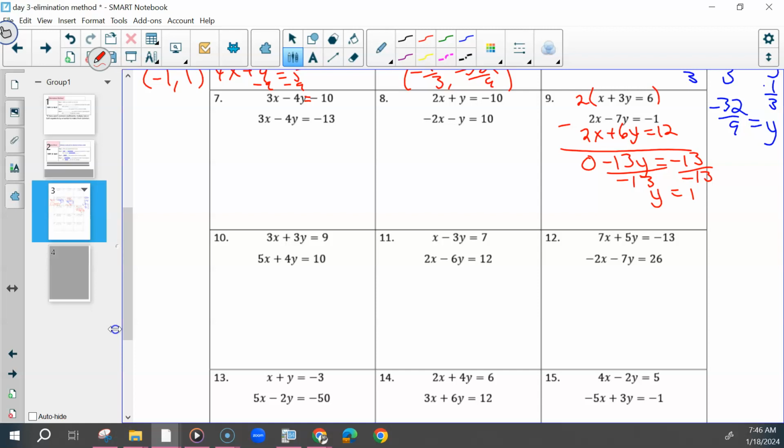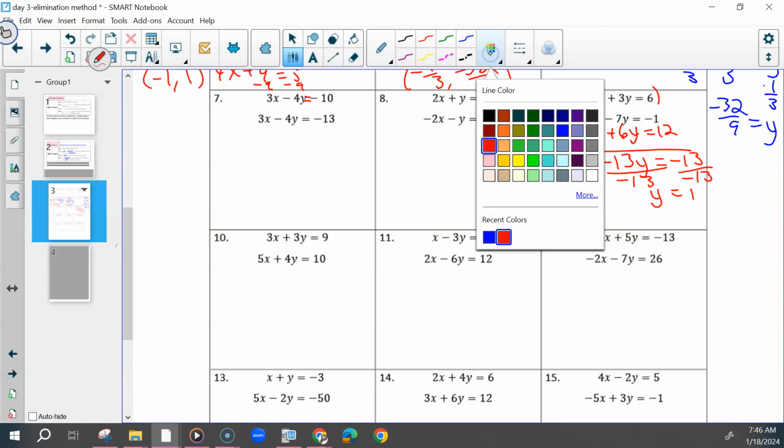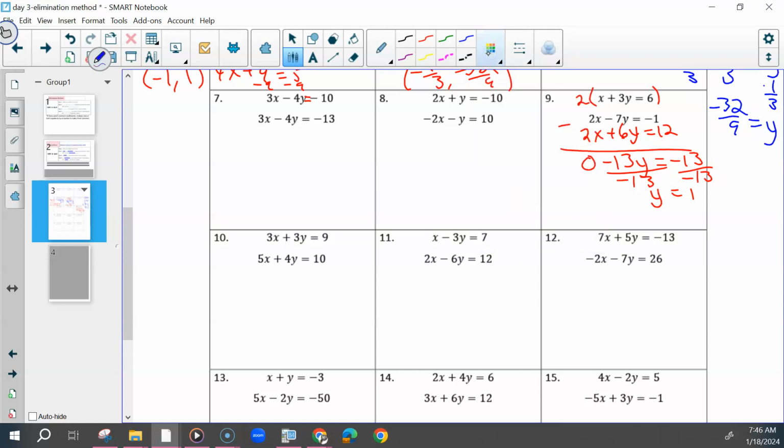So again, you have 3 choices as to where to put the y equals 1: the first 2, the original equation, or the one we solved. Pick one and do that. I'm going to put it into the first one.